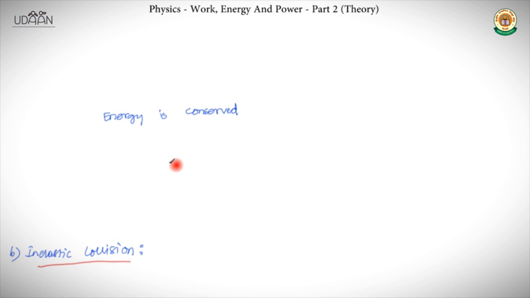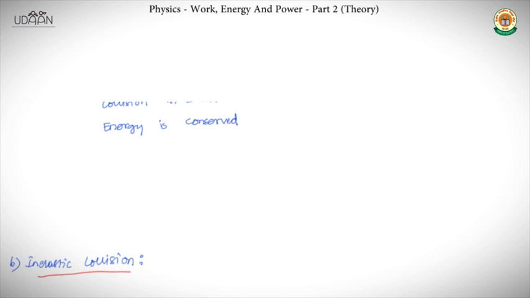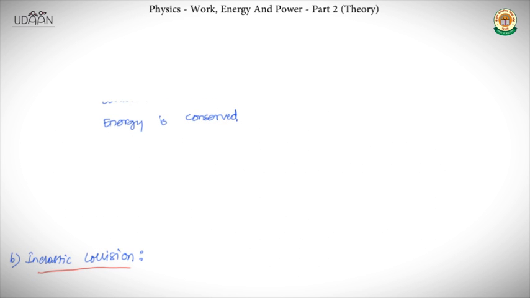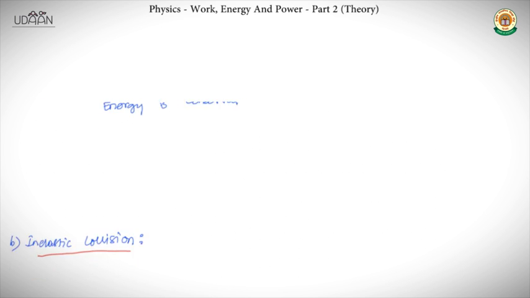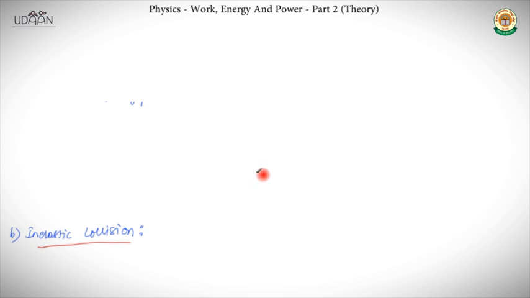In an elastic collision, the linear momentum and energy are both conserved. When the energy is not conserved, it is said to be an inelastic collision. The fact we should remember is that in every collision, the momentum is always conserved.